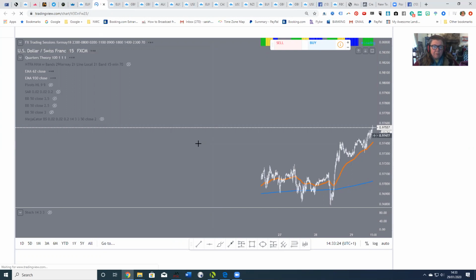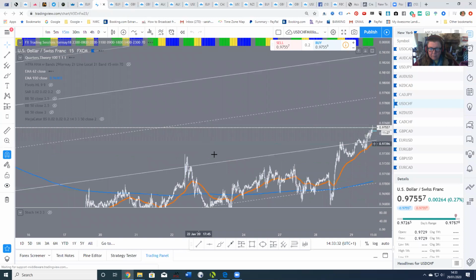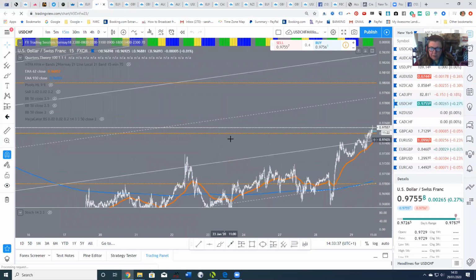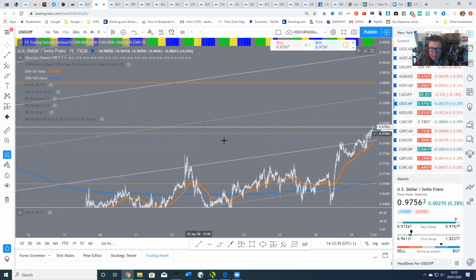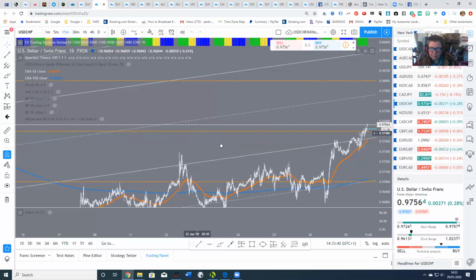Slow to load. Upward scan. I know this was one that we were looking at in our chat.